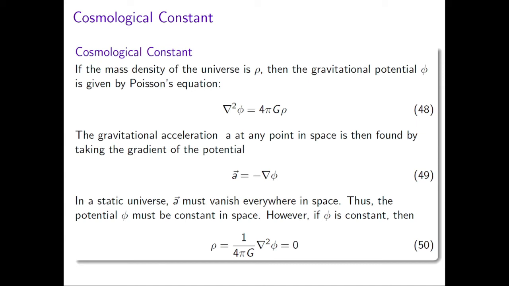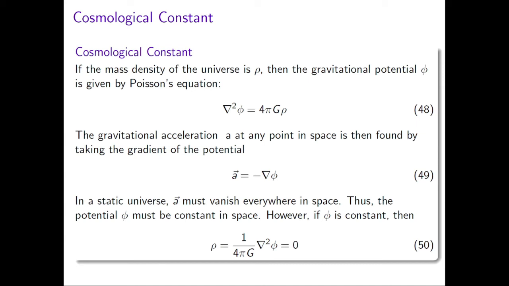In a static universe, which is what Einstein always wanted, he just wanted the universe to not expand or contract. So Einstein wanted to bring up an equation that would tell that the universe is static and not expanding or contracting as time progresses.